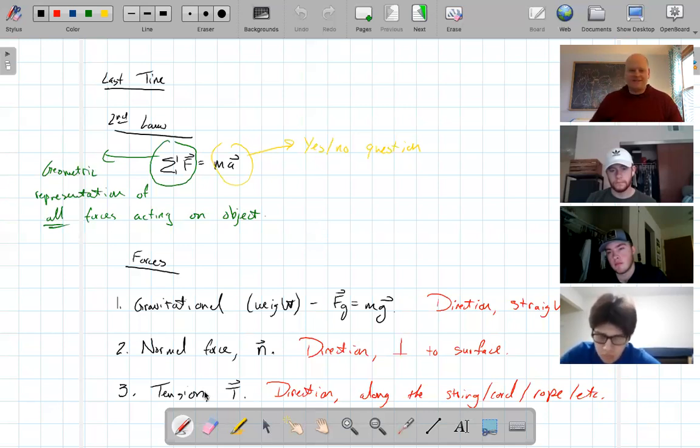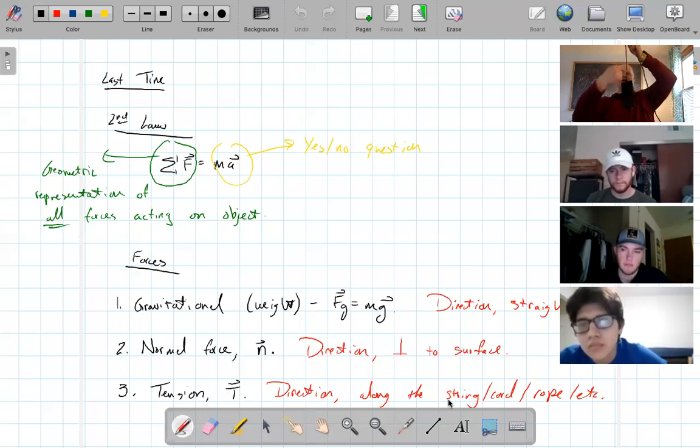And the last one is tension. Tension we're going to denote by capital T with a vector sign. The direction of this is along whatever the string is. So let me grab a cord here. Great, here's the power cord. If I was hanging this mass off of here, the direction of the tension would be along the direction of the string.